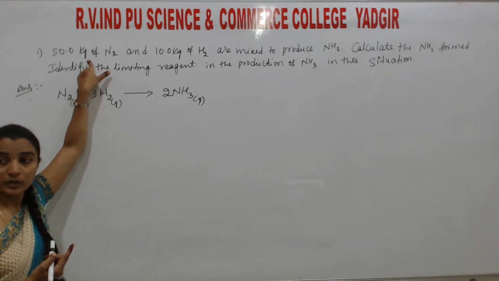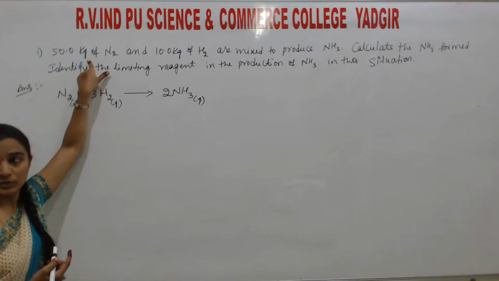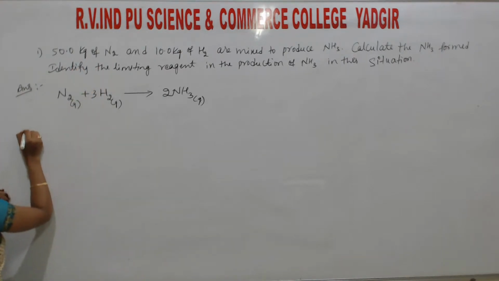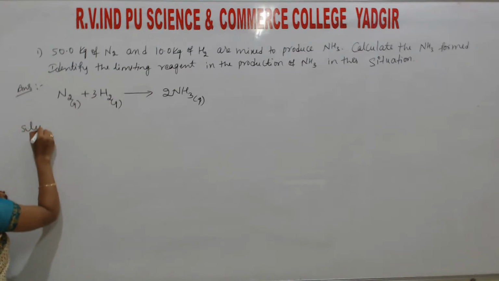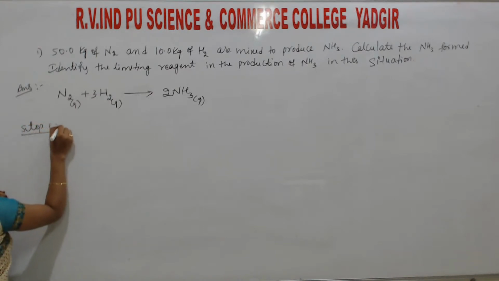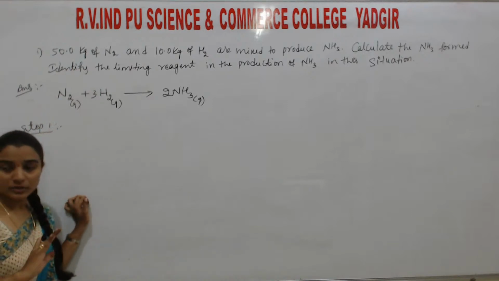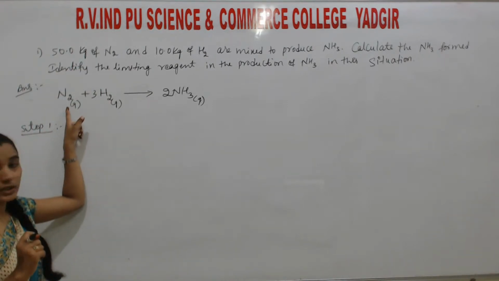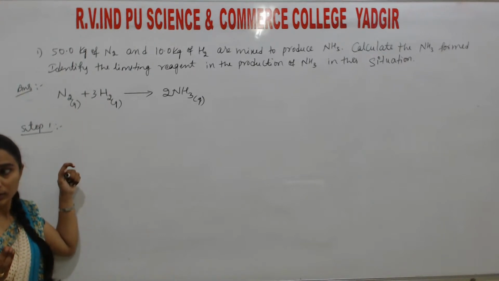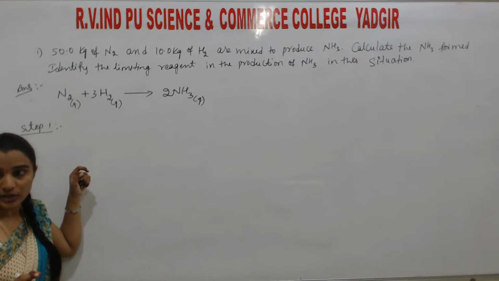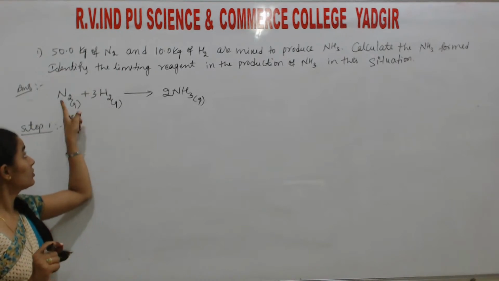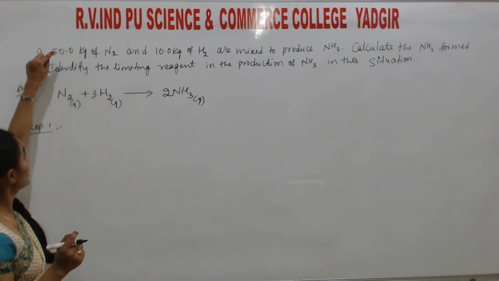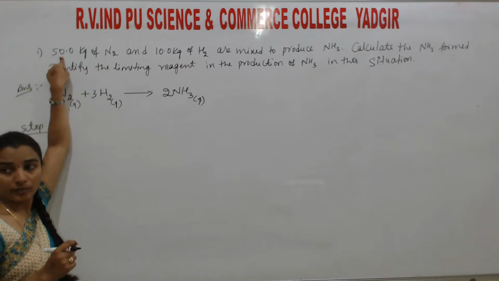We have to convert it into grams. But 1 mole of nitrogen, its mass is 28, which is in gram, not in kg. Either convert this to kg or this to gram. Better we convert this to gram.